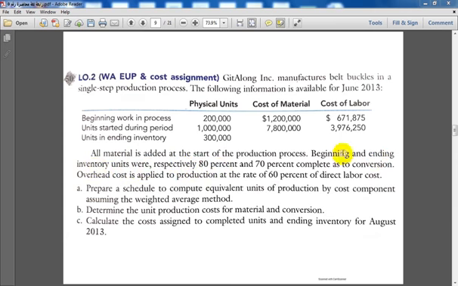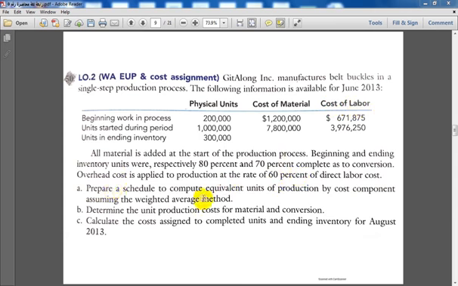So beginning work in process is 80% and ending is 70% complete as to conversion. Overhead is applied to production at the rate of 60% of direct labor cost. So if we need to calculate the cost of overhead, it equals cost of labor times 60%.